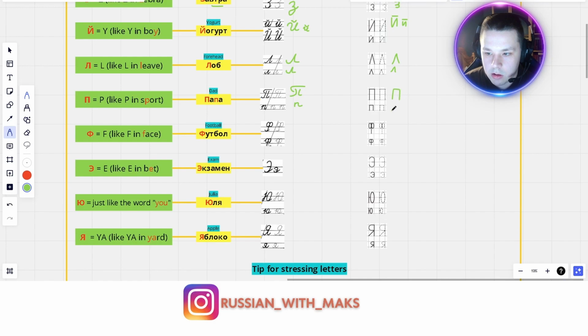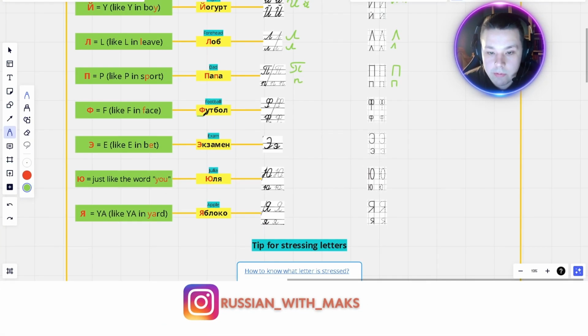And the print. I prefer the print. It is much easier. And now the letter F, football, football. And the print.